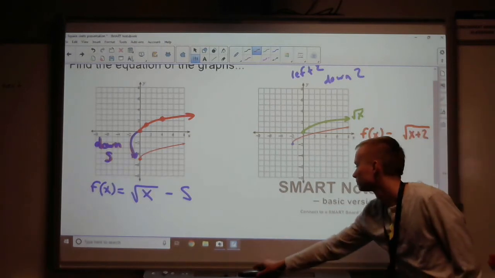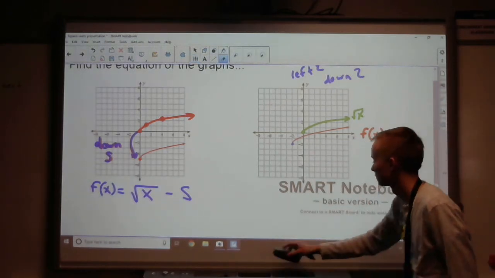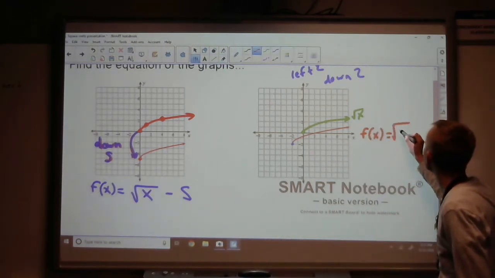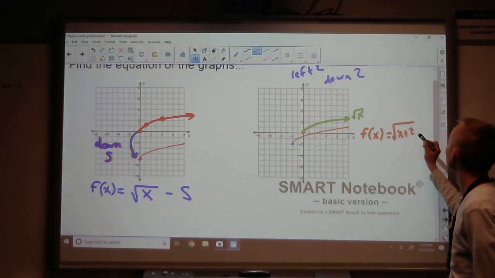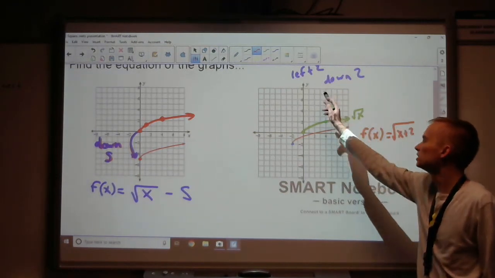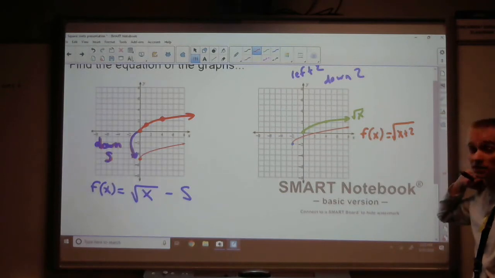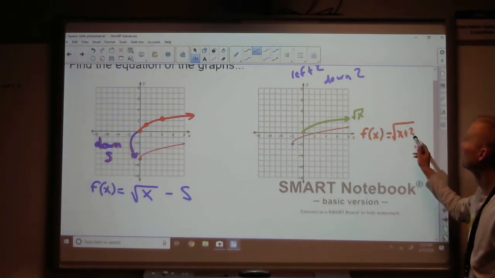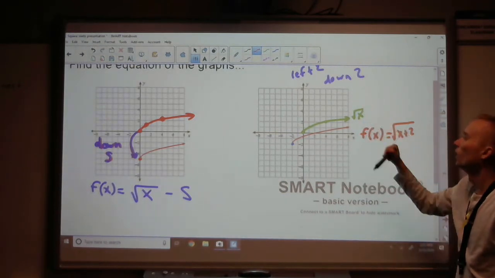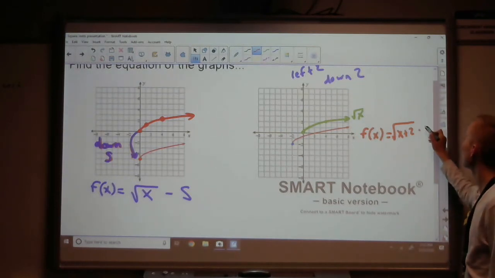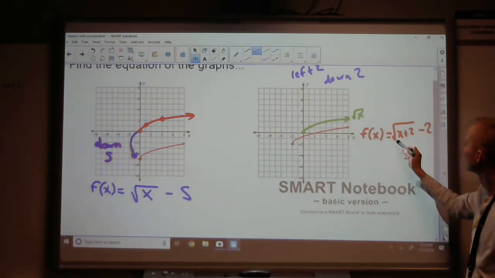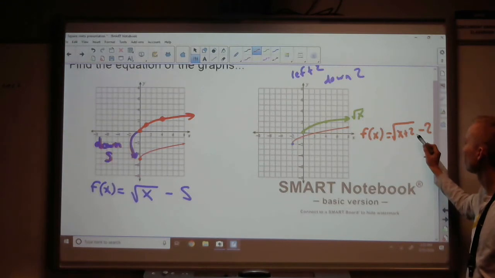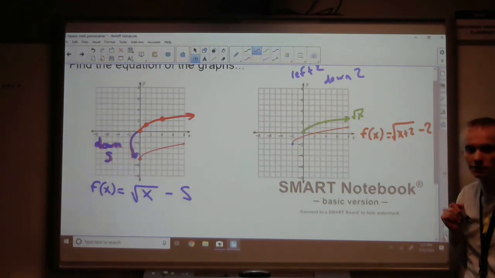And then, sorry, let me rewrite this. X + 2. I need to switch the sign on the 2 because left and right does opposite of what I think it would do. And then down 2, I don't switch the sign there. It would be a -2. So the square root of x + 2 and then -2.